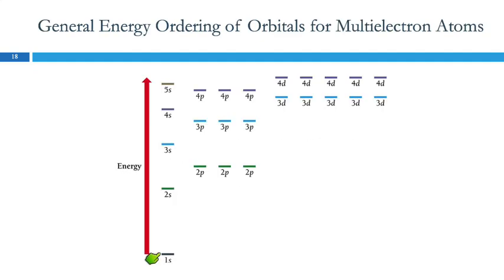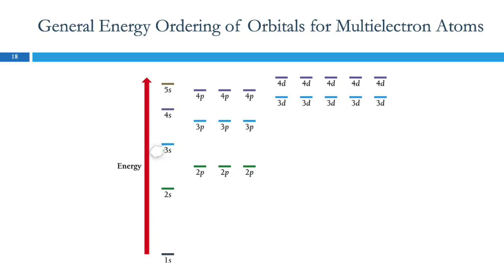So here, principal energy level 1, lowest energy, principal energy level 2, next lowest energy. In the hydrogen atom, the 2s and the 2p would be on the same level. But here, the 2s is lower in energy because its orbital can penetrate into the cloud of the first electrons, and so it's more attracted to the nucleus. The 2p sublevel is not as attractive because it can't do that.